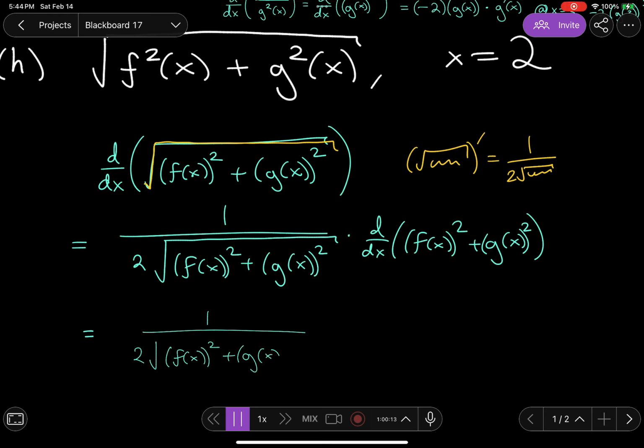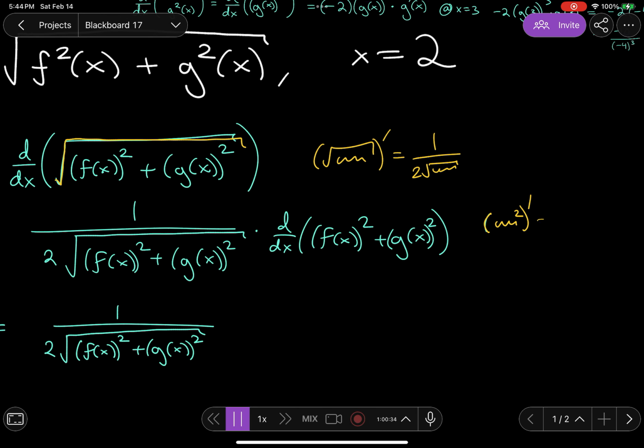G of x squared. To take the derivative over here, I see a function inside of another function. That other function is something squared. So to use this notation, the derivative of something squared is equal to 2 times that something.